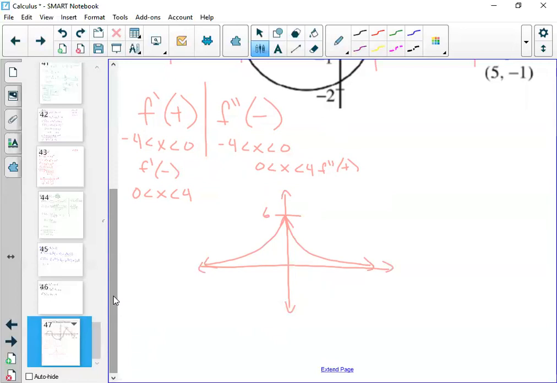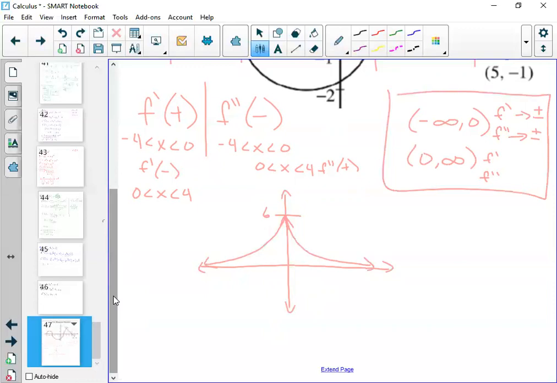So your answer should be from negative infinity to 0, f prime, and you can put either a positive or negative, f double prime, positive or negative. And if you want to use an arrow or a colon or parentheses, none of that matters. And then the next interval is obviously from 0 to infinity, and you're going to do the same thing. Okay, so this is the form that your answer should be in, and this is the graph that you're looking at.